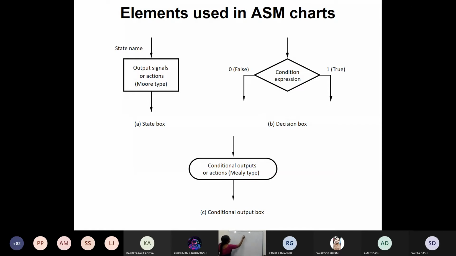It is a Mealy type: S1 and this is S2. It's better I will use small letters. It's easy. Otherwise, the chart will be S2 and this is S3.